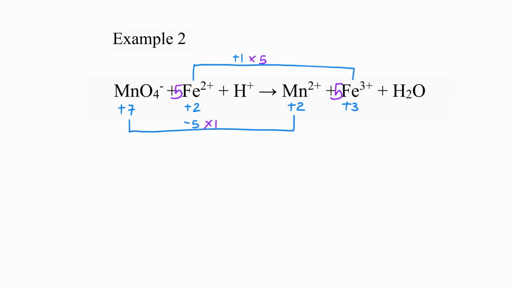So you could actually see we have +7, +10. So total of it, we have +17 oxidation number on the left. And for the right hand side, we have 5 times +3. We have +15 plus +2 here.